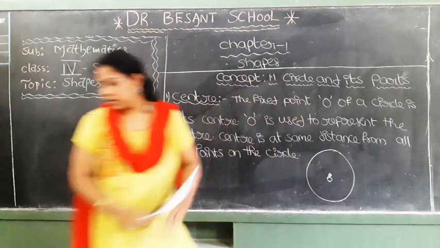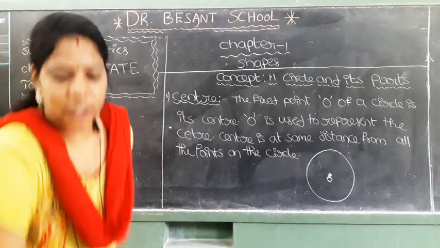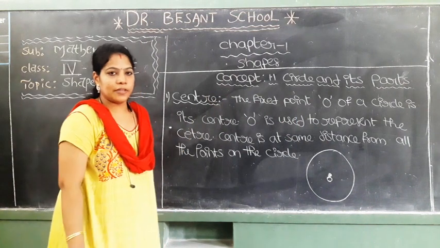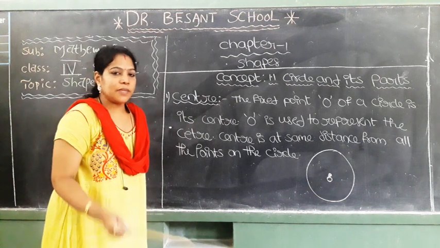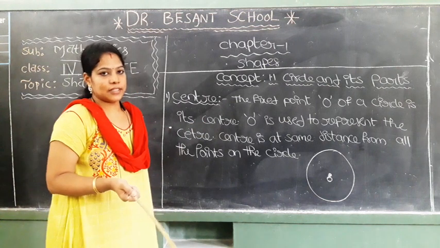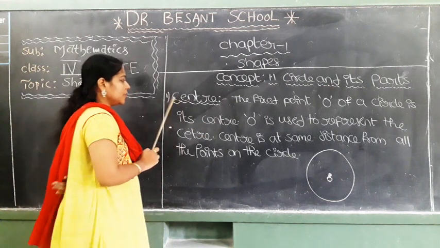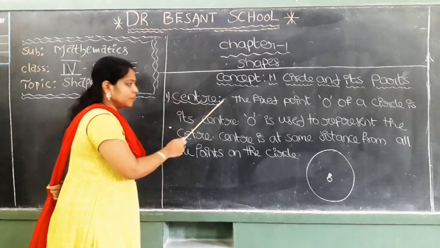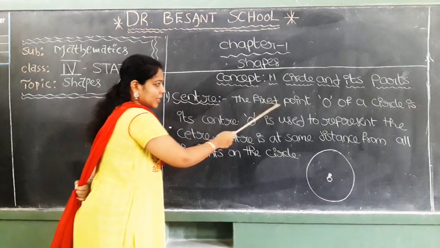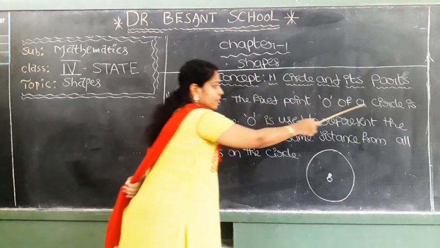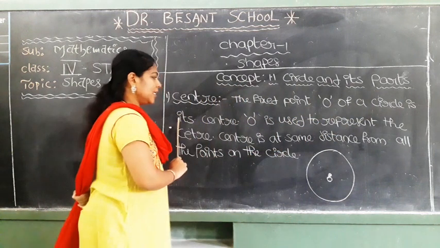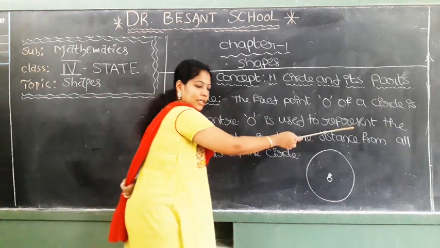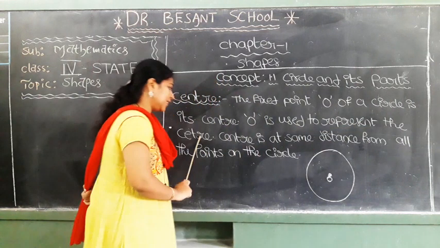Write neatly. Okay, children, I am reading all these lines again. You have to write down. Once make the video pause and copy the lines. See, center, C-E-N-T-R-E. The fixed point O of a circle is its center. O is used to represent the center.